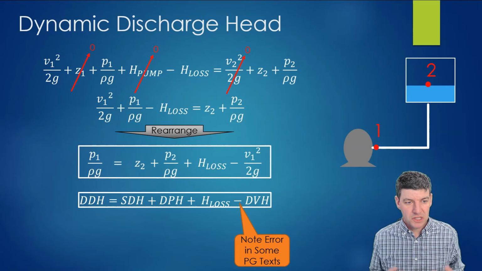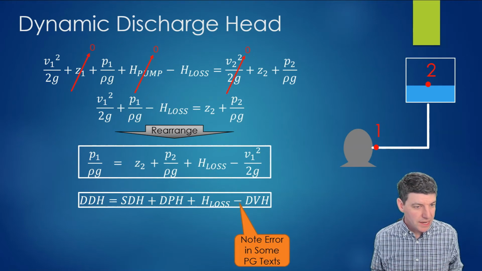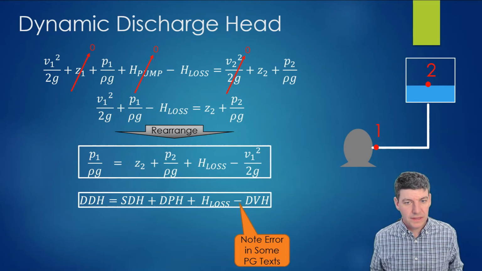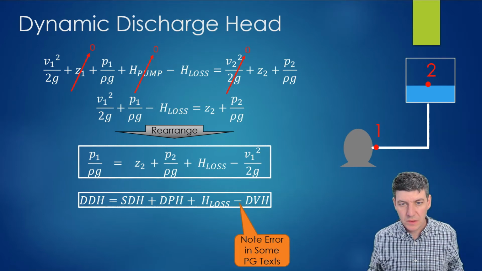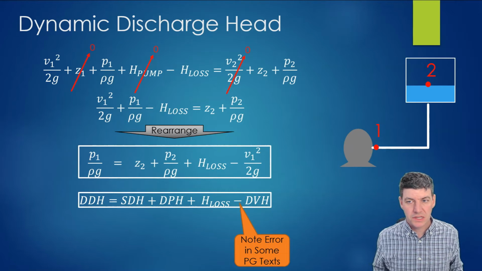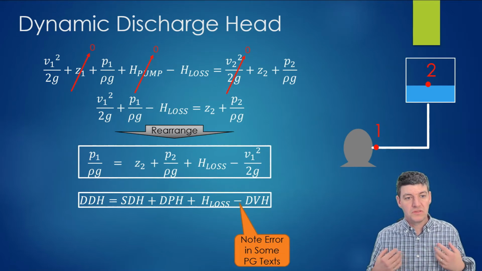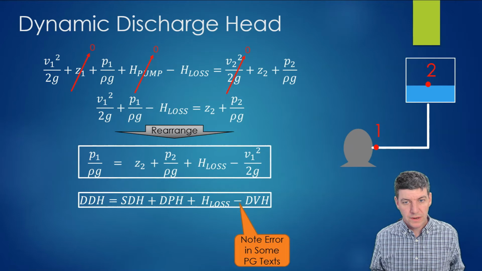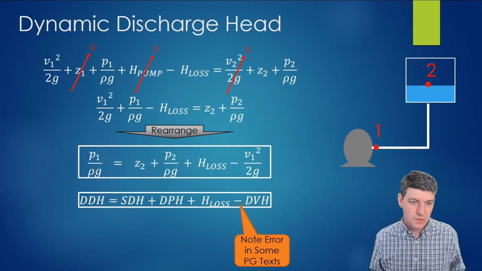So dynamic discharge head is really a measure of how much energy this fluid needs to overcome all of the obstacles in the way of getting to my final destination. So in order to push water up to number 2, it has to overcome the height gain to number 2. It has to overcome the pressure that might exist in the tank at number 2.